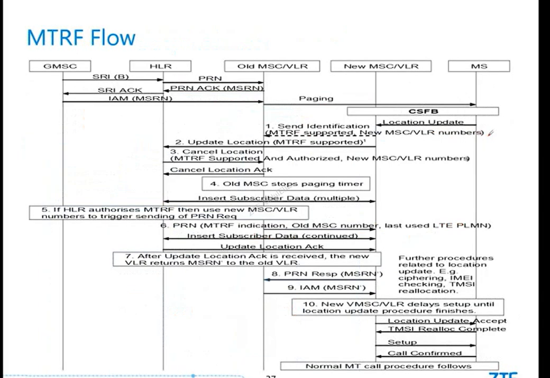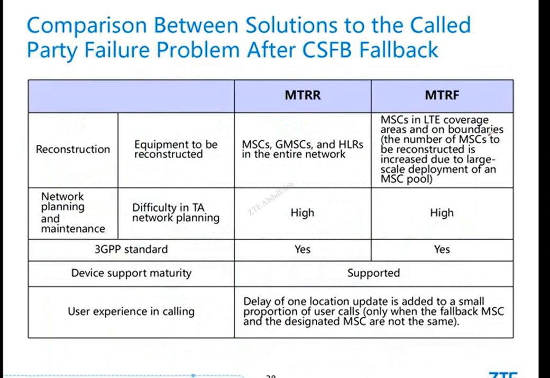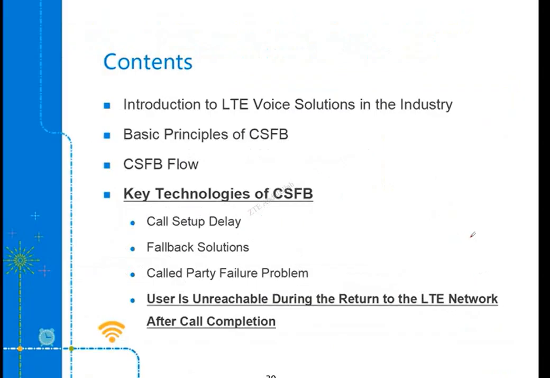So this is the MTRF flow. So we can compare these two technologies in terms of reconstruction of network planning and maintenance, the 3GPP standard, device support, and user experience of calling. So you can see the differences between these two technologies.